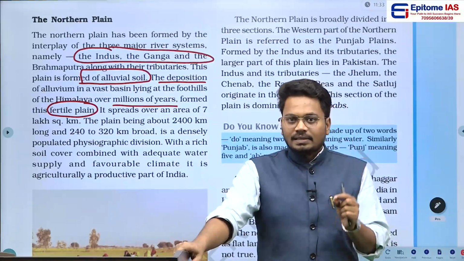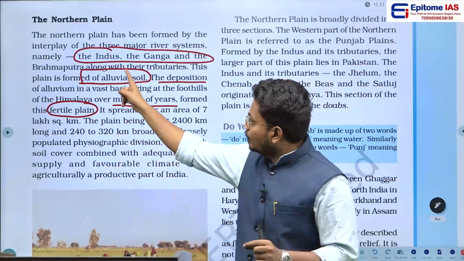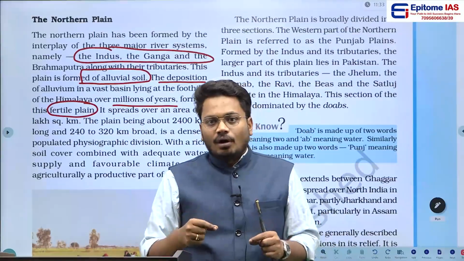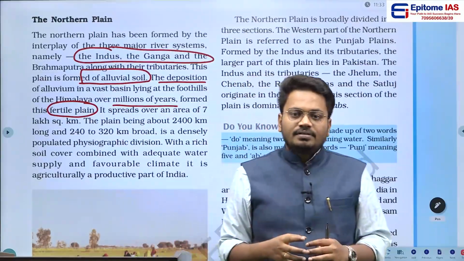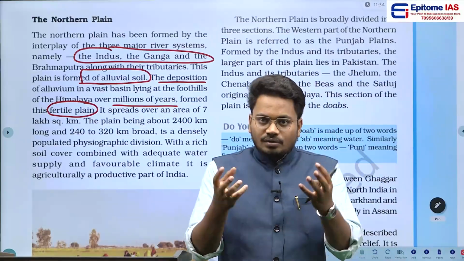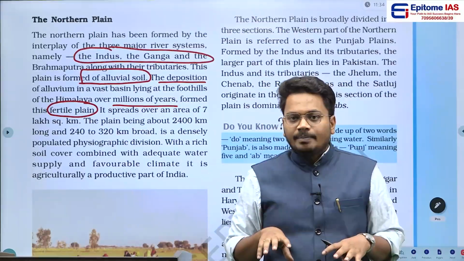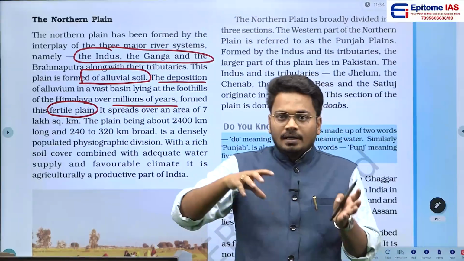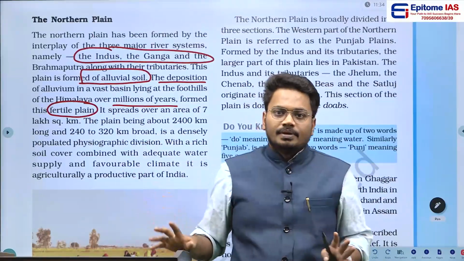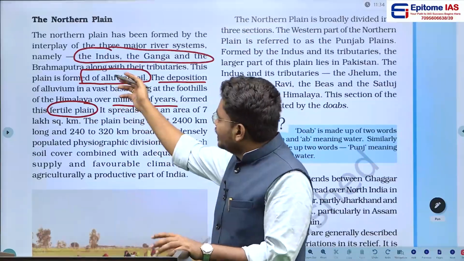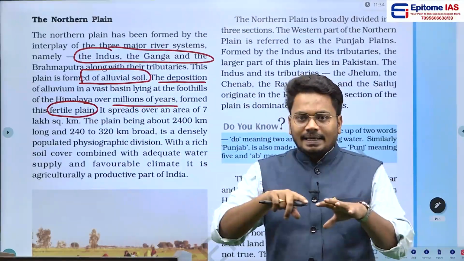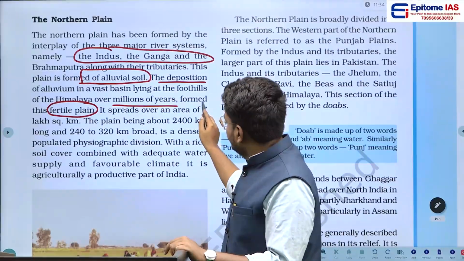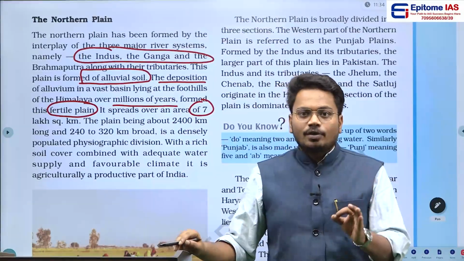In the northern plains case, the deposits of these three rivers started accumulating over a period of time, and these plains were formed over a large amount of time. If you see the entire area of the north Indian plains, it is spread across 7 lakh square kilometers.